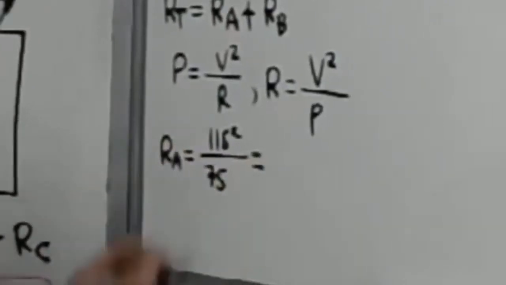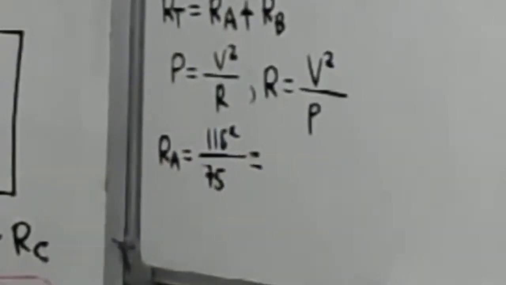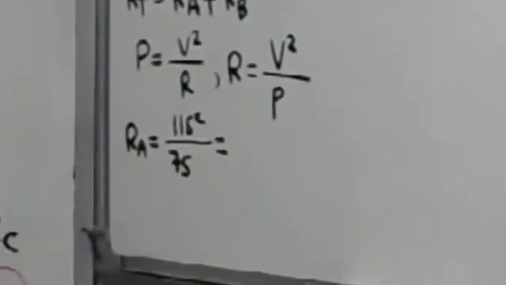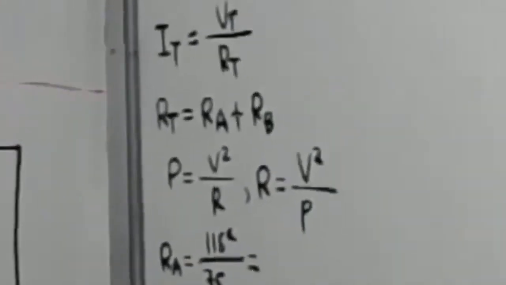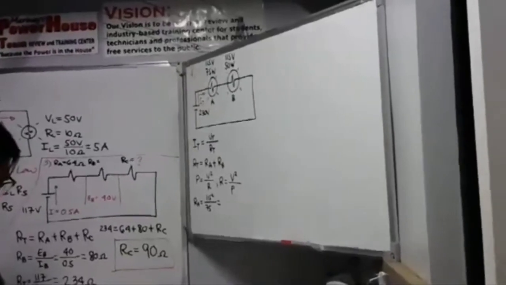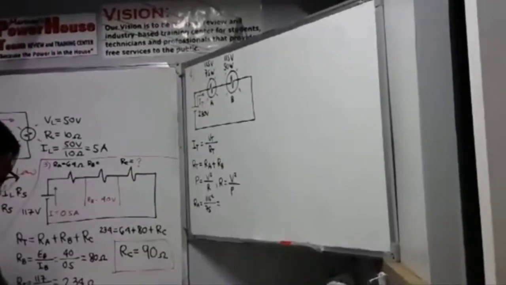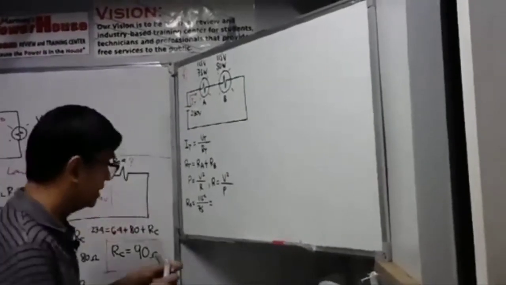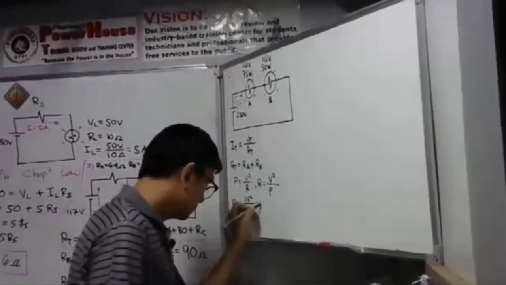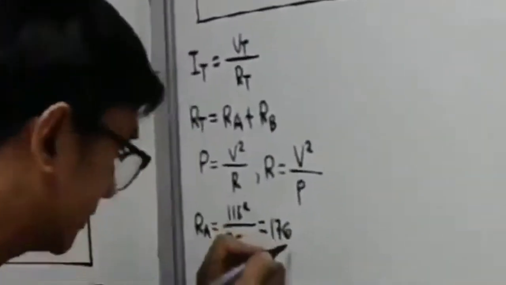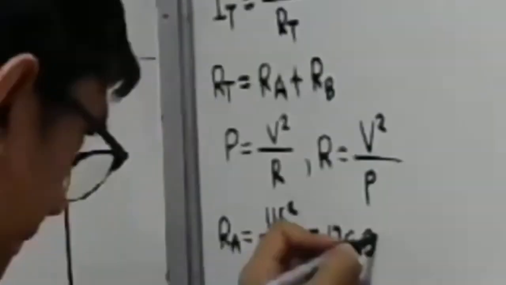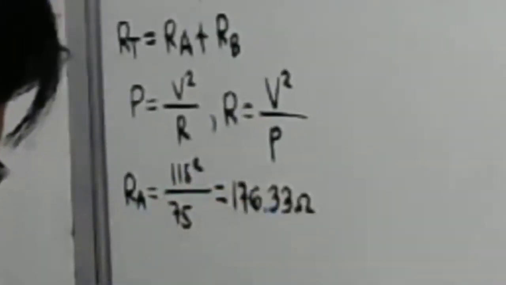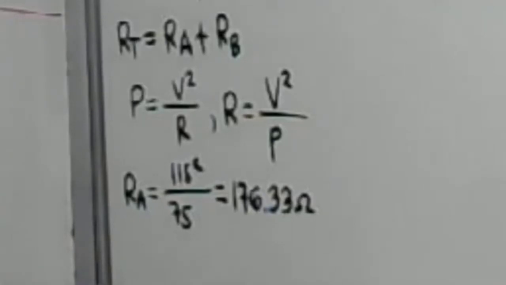Let us calculate 115 squared, then divided by 75. That is equal to 176.33 ohms.